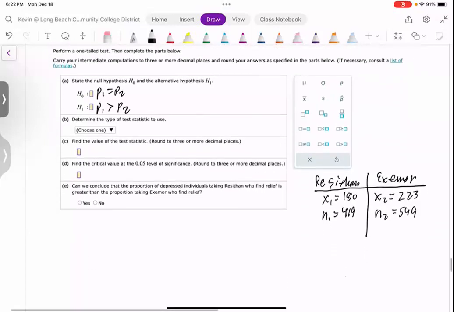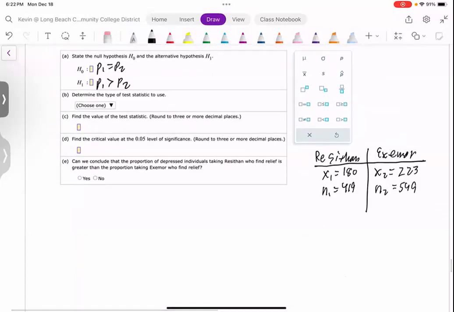All right, so let's draw our picture. This is a right-tail test, and that is at the 5% level.